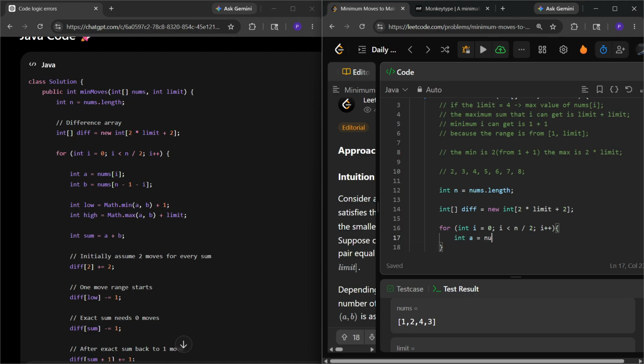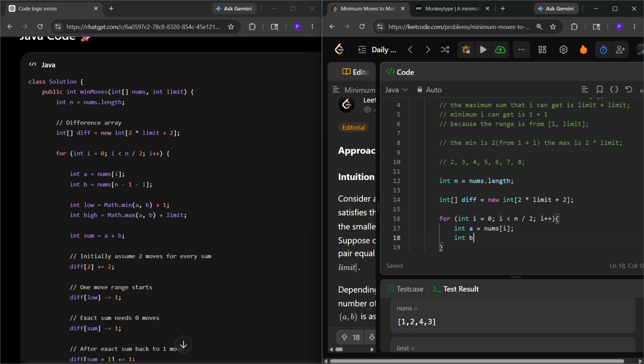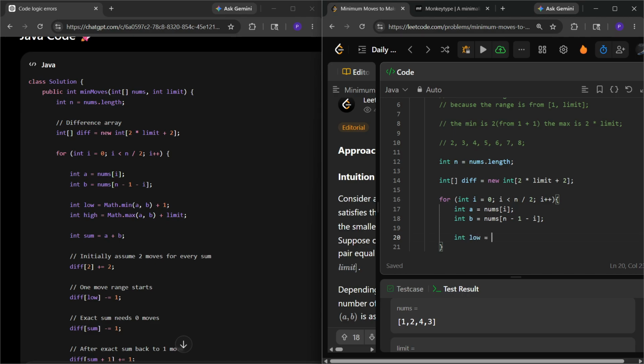Also, int a is equal to nums of i, int b equals nums of n minus 1 minus i, and low equals whatever is the minimum between the two, plus 1, because the minimum sum has to be from 2.